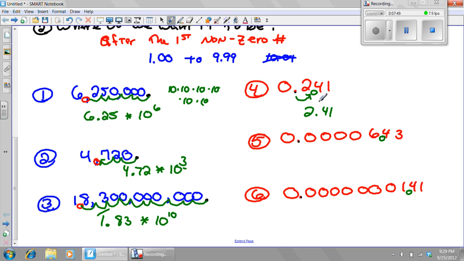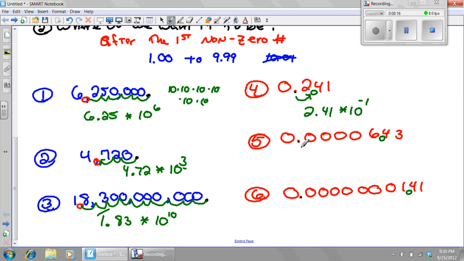Well, in this case, the decimal was a small number, smaller than 1, and it got to be larger. Well, when I multiply by 10, I have to have a small version of 10. So I am actually going to use a negative power. When I'm going from a tiny decimal to a larger number, my exponent will be negative.